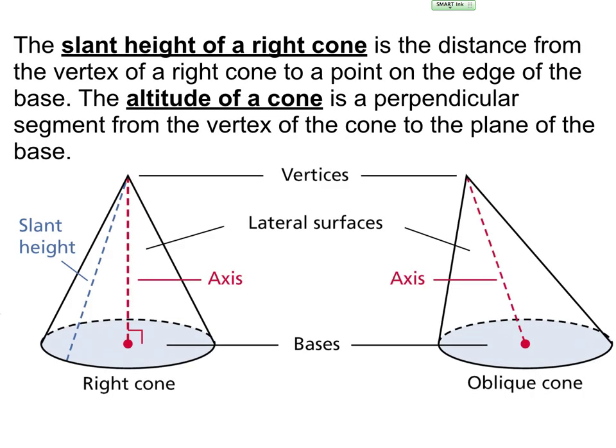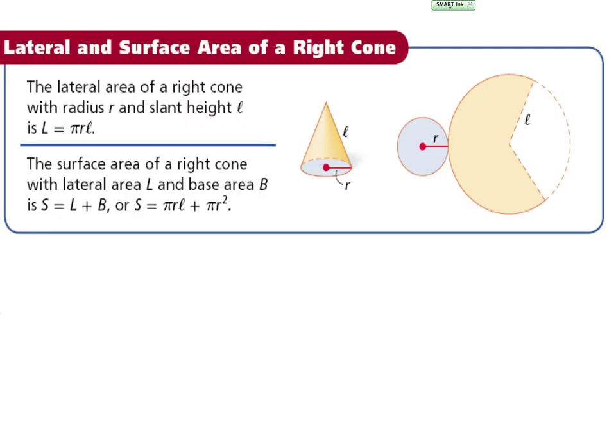All right, I was talking about the slant height and the altitude a little bit ago, so there is a slant height involved. The surface area, that part that I was showing you that's kind of hard to figure out, you take pi times the radius times the slant height. That gives you the area of this region that has to wrap around to make the slanted part on the cone.